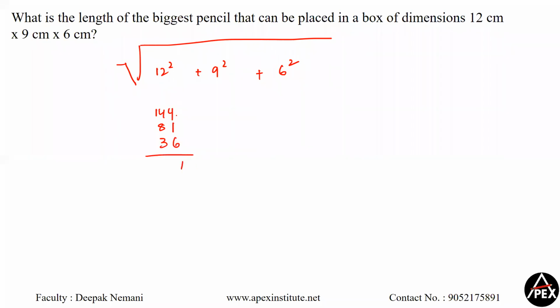So that should be under root 261. I think that can be simplified as 9 into 29, so 3 root 29, if you can simplify that, or root 261 should be the answer. Clear? Yes.